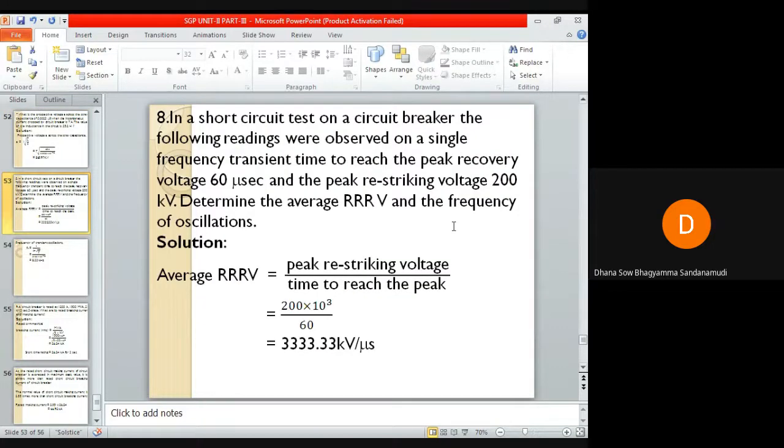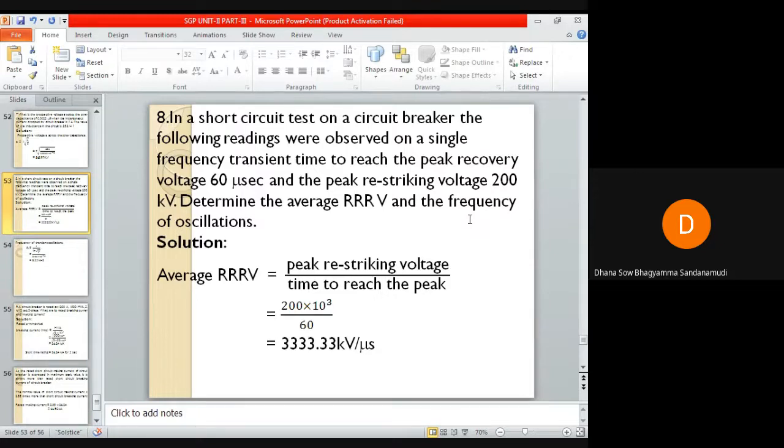So, in a short circuit test on a circuit breaker, the following readings were observed: a single frequency transient time to reach the peak recovery voltage. I hope you remember the concept of single frequency transient and double frequency transient.